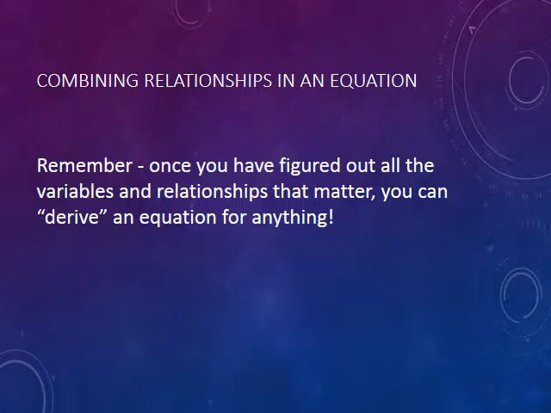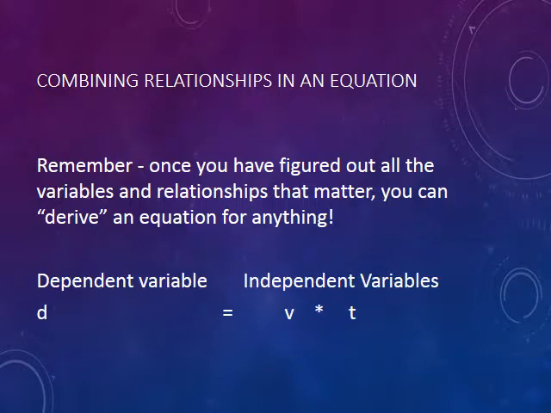So we know our variables are distance, time, and velocity. So let's put them together. We know our dependent variable is going to be distance, so it's going to be on one side of the equation. And our independent variables are velocity and time. So we're going to put those on the other side of the equation. And we come up with the equation distance is equal to velocity multiplied by time.